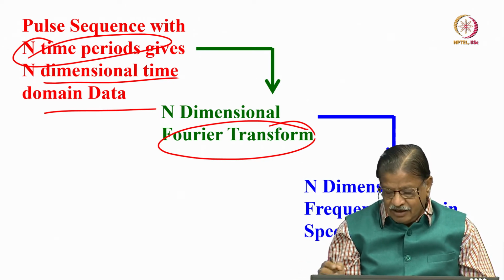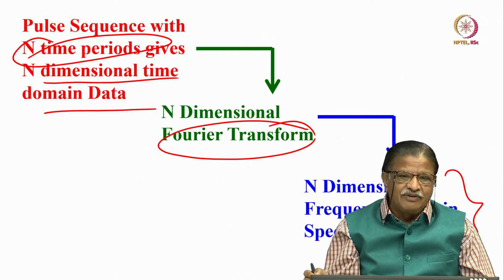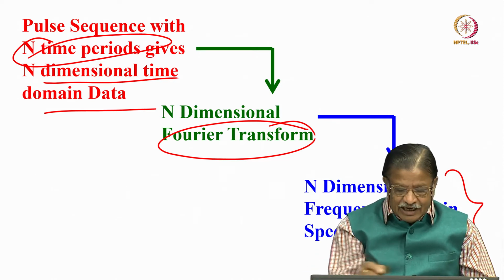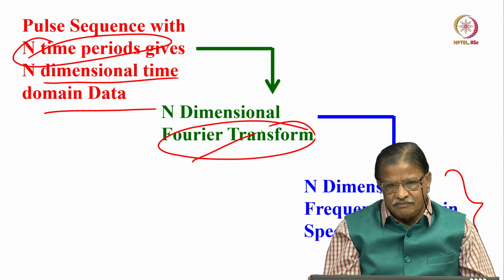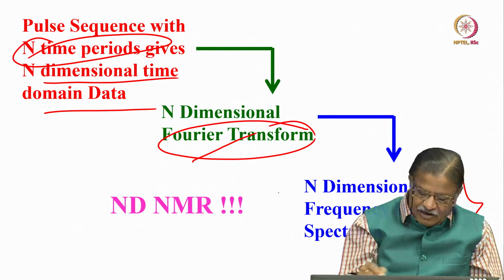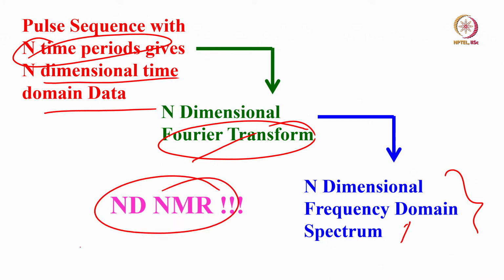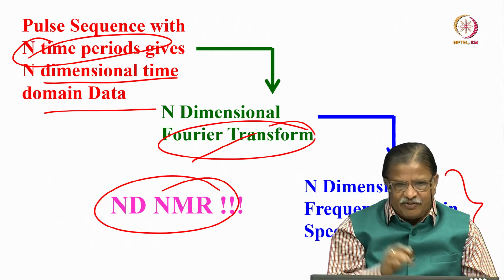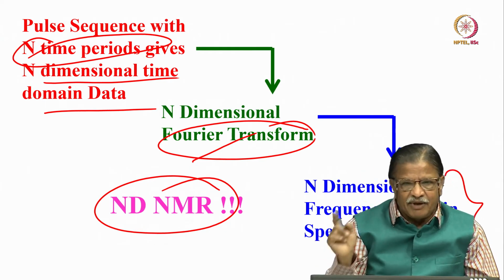Please understand, that is important. You understand? So then we call this ND NMR: n-dimensional time domain data, n-dimensional Fourier transformation gives an n-dimensional frequency spectrum.